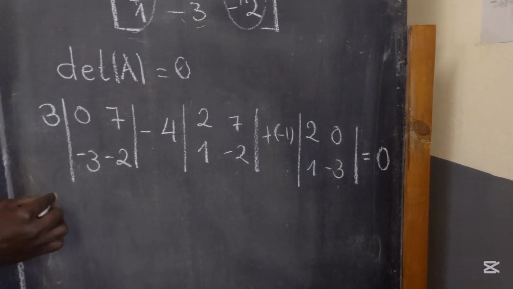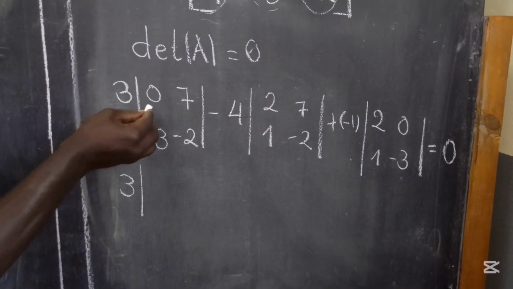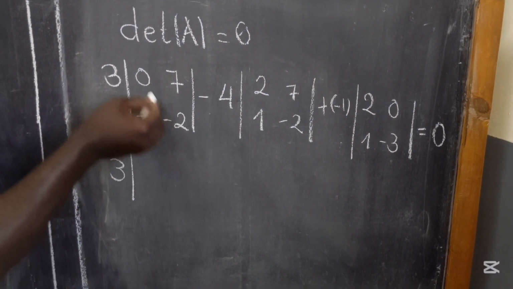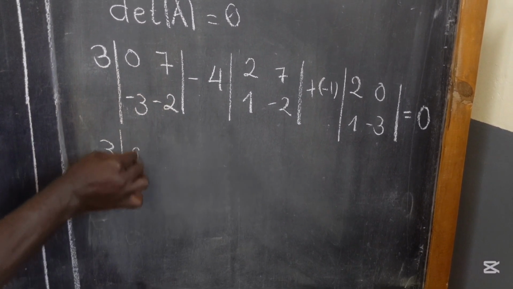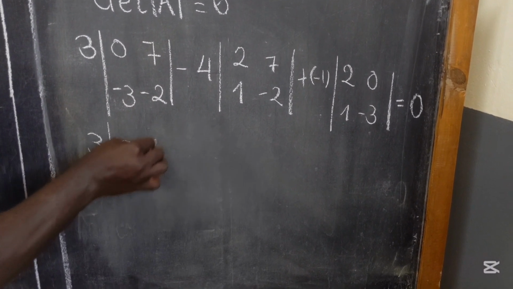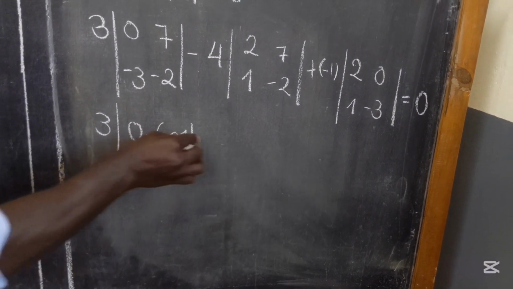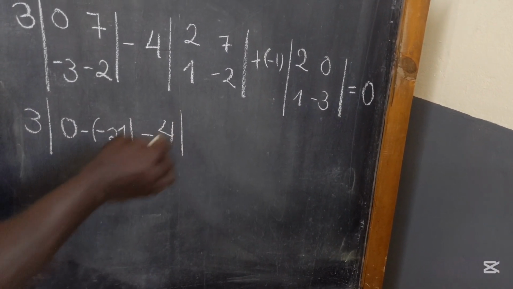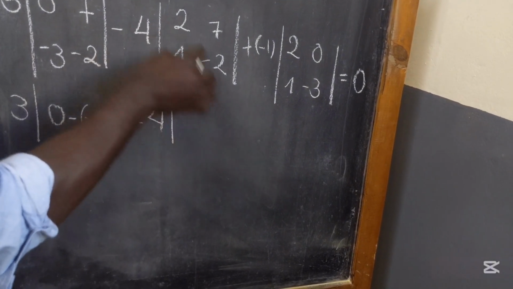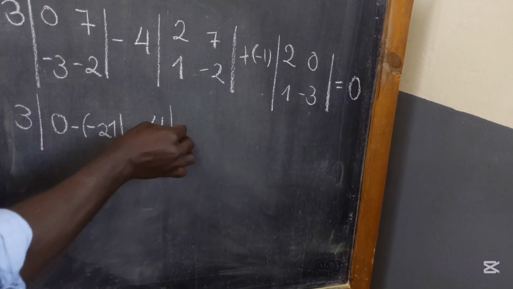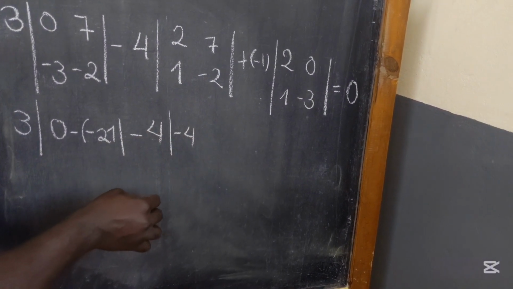Now this will be equal to 3. We have to multiply the diagonal of this matrix. This will be 0, then minus -21. Okay, then minus 4 times 2 times -2 equals -4.